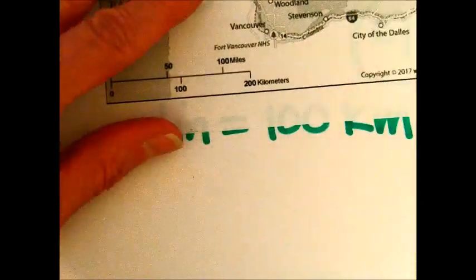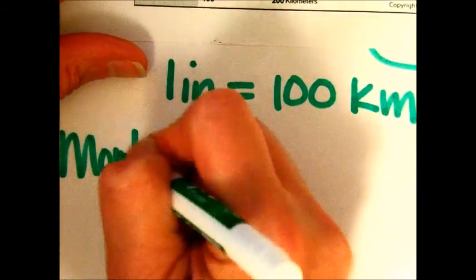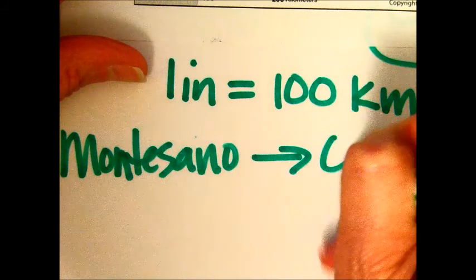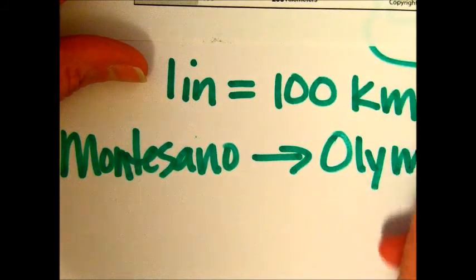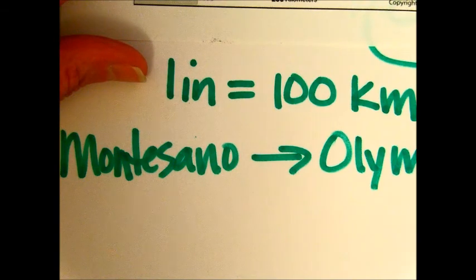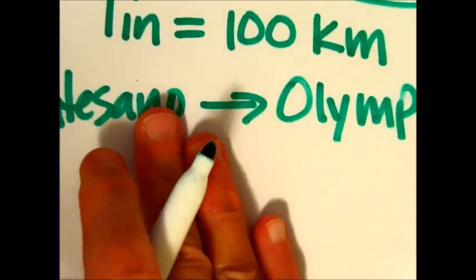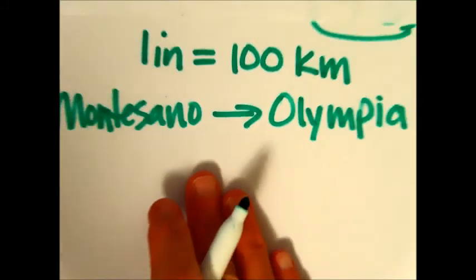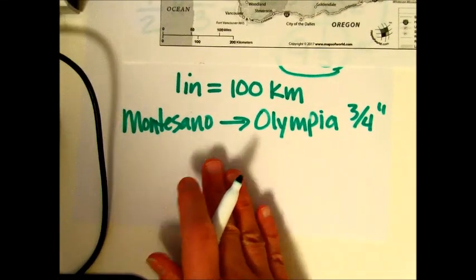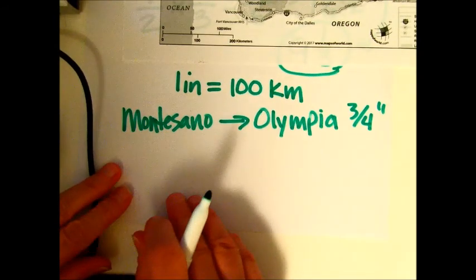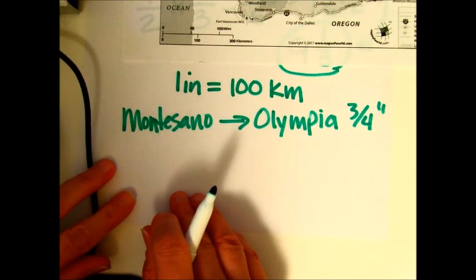So from Montesano to Olympia, it's 3/4 inches. And we want to determine how many kilometers are between Montesano and Olympia.